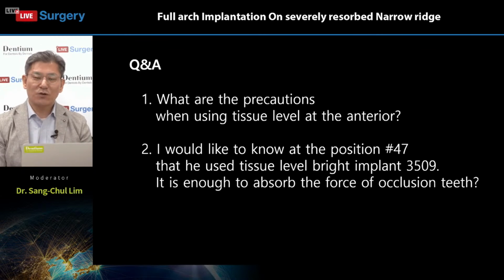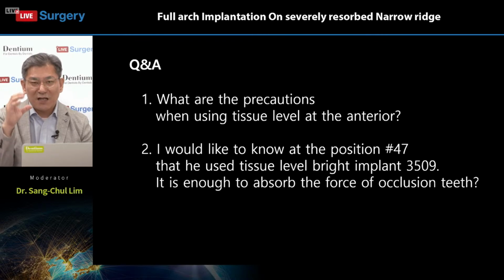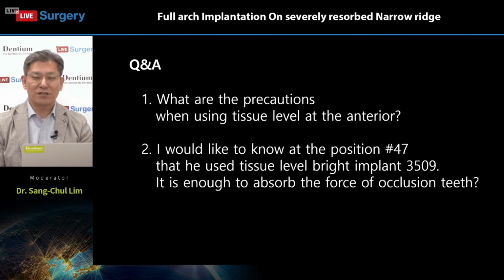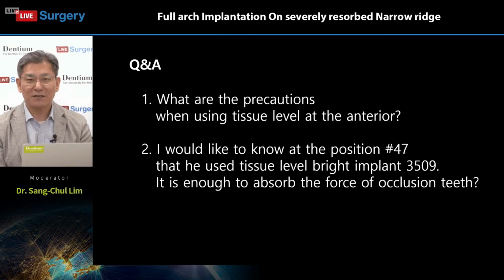However, in the aesthetic zone, we have to consider the depth of the implant fixture. This tissue level is very delicate for making the upper superstructure. Even lower anterior doesn't matter so much; with a little poor aesthetic outcome it can be a compromise. However, upper anterior is a very severe situation when you have an unaesthetic outcome with a tissue level implant. So the depth of the implant fixture is a very important factor for a good aesthetic outcome.